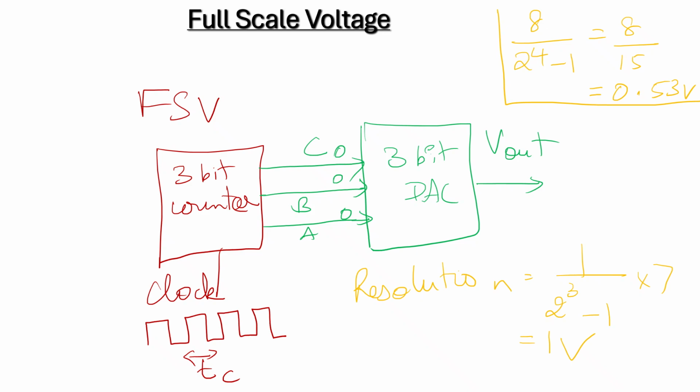Next parameter is percentage resolution. Although resolution can be expressed as the amount of output voltage per step, it is useful to express it as a percentage of the full scale output.